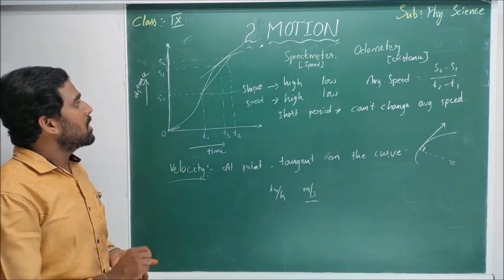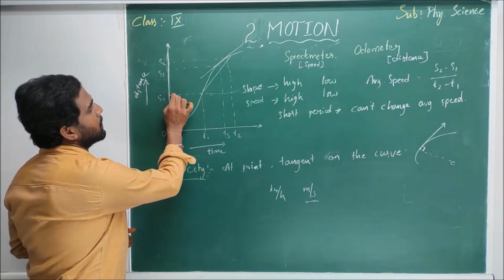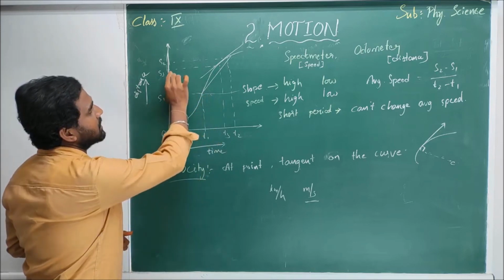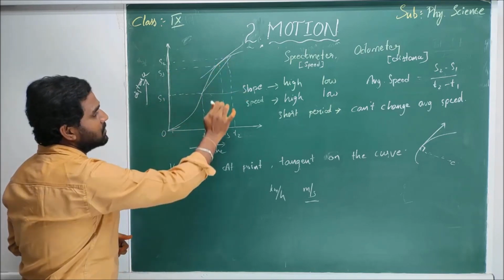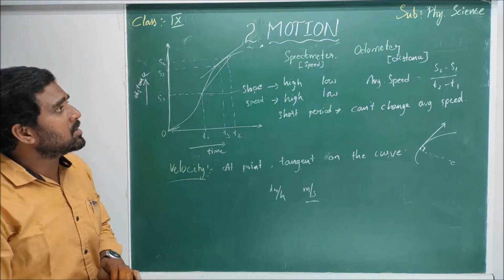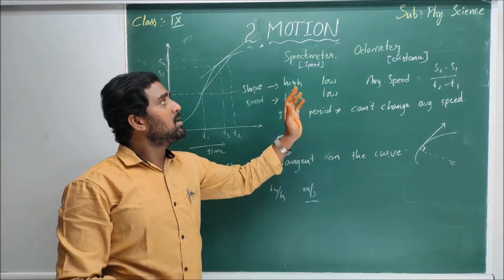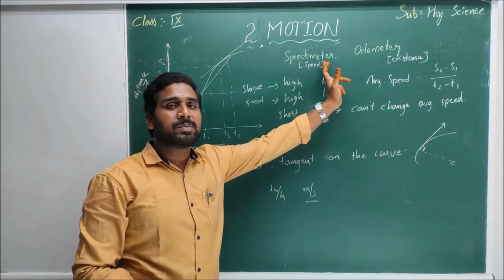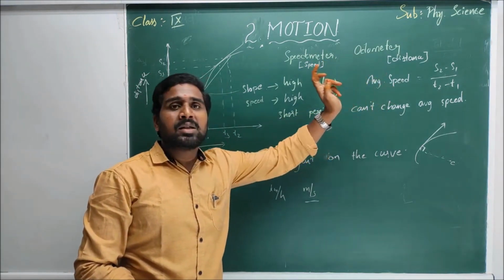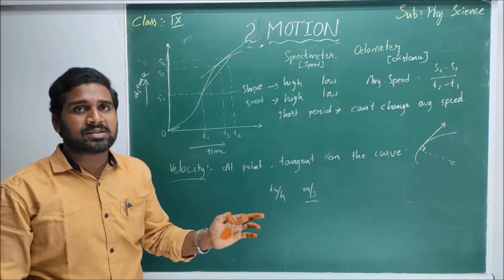Whenever we draw perpendicular lines from S1 to T1, S2 to T2, and S3 to T3, what is meant by the average speed? Before going to that, what are the measuring devices, the speedometer and odometer? These two are measuring devices.